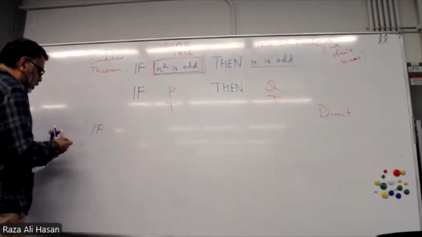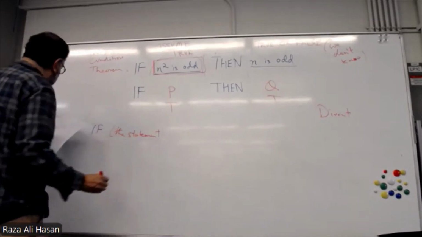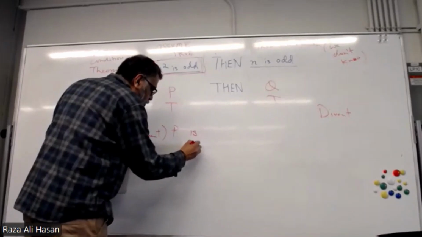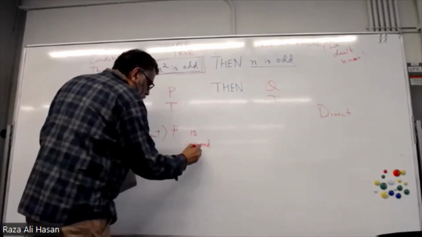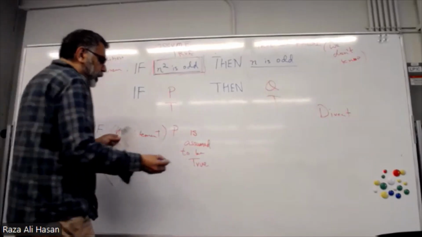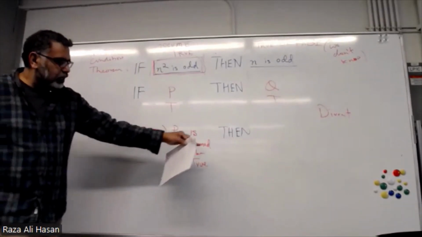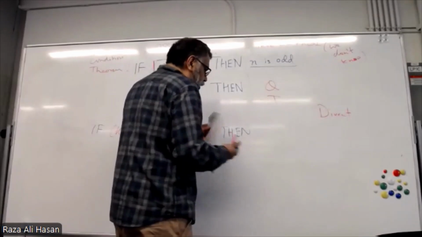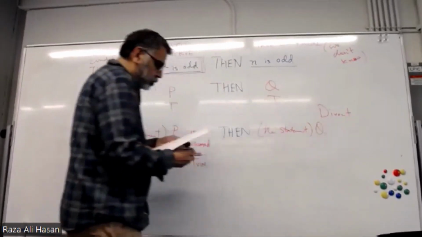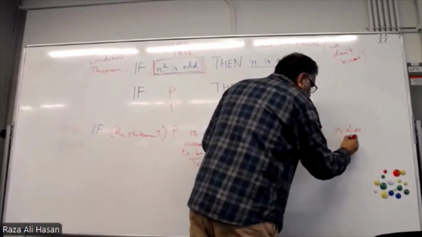So if the statement P is assumed to be true, then is it the case that the statement Q is also true?